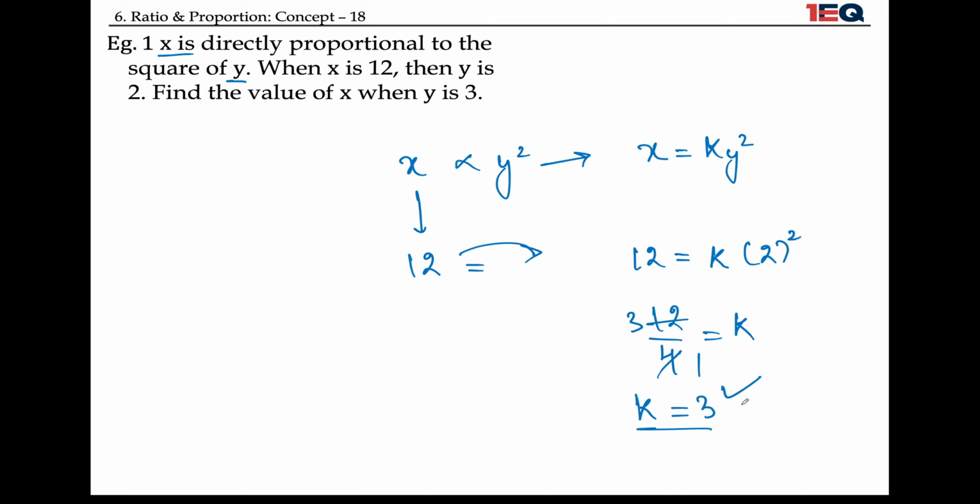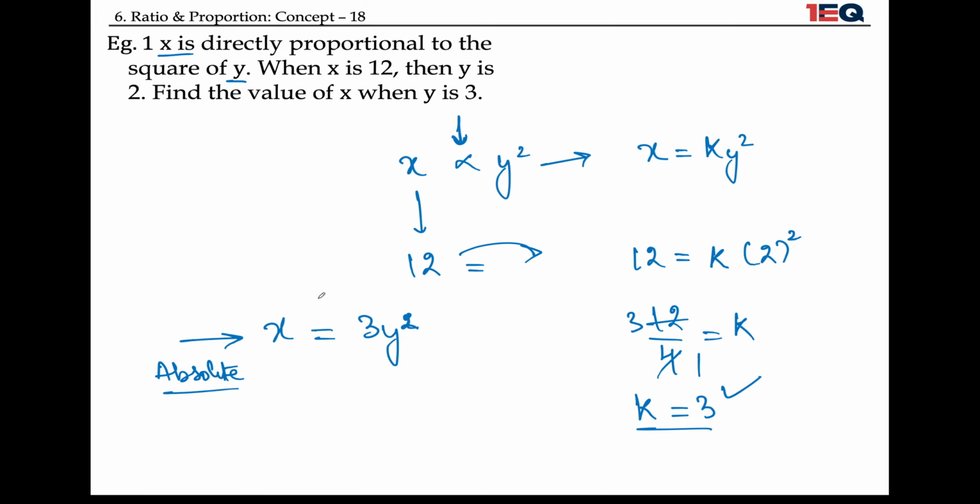As I found out the value of k, I can easily say that x is equal to 3y square. Now, as this equation is established, I can find out all absolute values. Because of the proportionality signs, you could only find values which are surrounded by ratios. You would only get values depending on the other number.